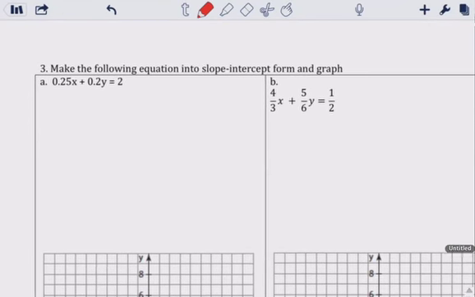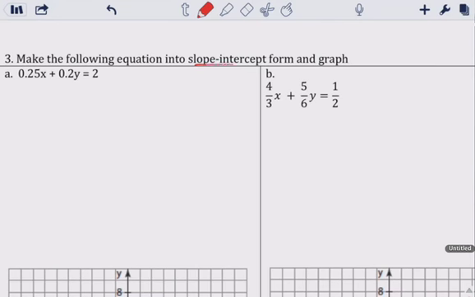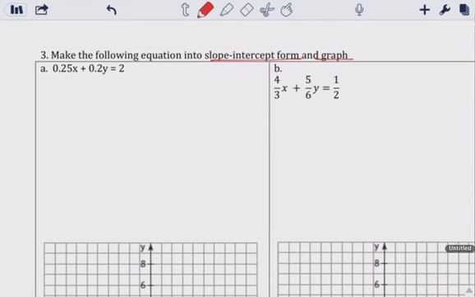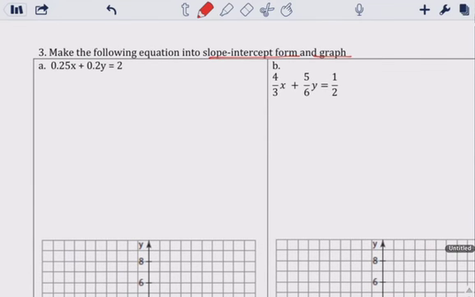Make the following equation slope-intercept form and then graph. Ooh! Okay. You know, you can graph this with decimals. There's no problem. Slope-intercept form is just y equals mx plus b.